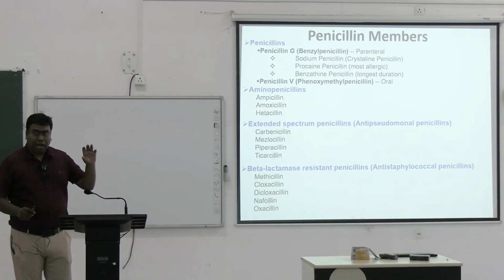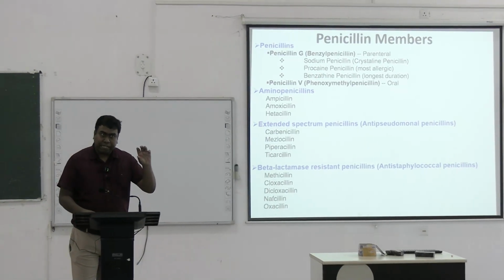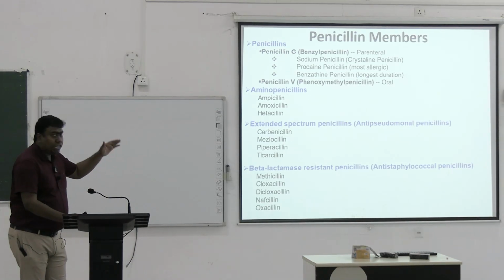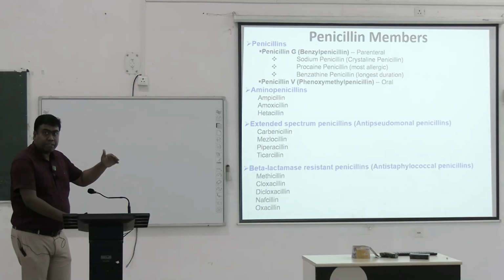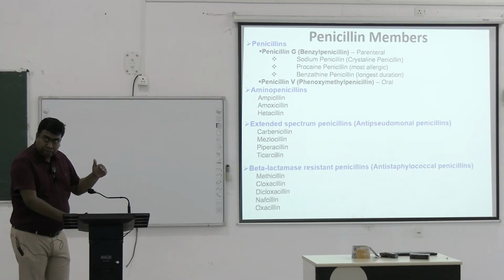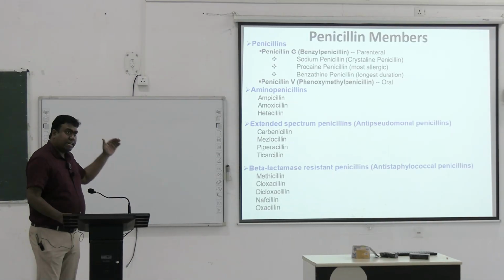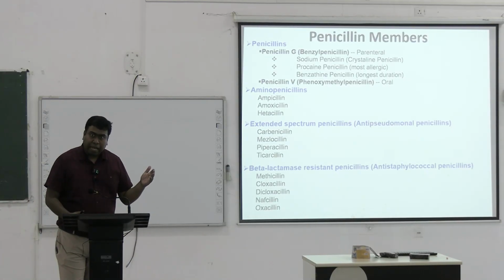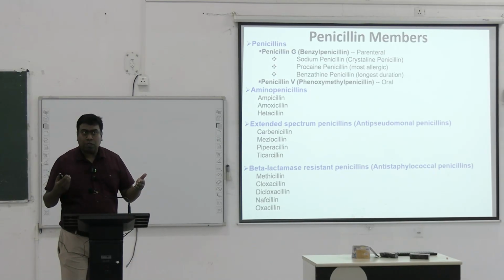Clear? So first, penicillin G is the primary one. Procaine penicillin is the allergic one. Benzathine is the longest acting. Very good. These are all given parenterally. Oral is penicillin V. Among extended spectrum, there are aminopenicillins, ampicillin and amoxicillin, which can be given orally, and their spectrum is also increased towards gram negative.